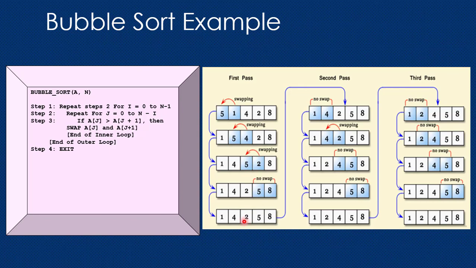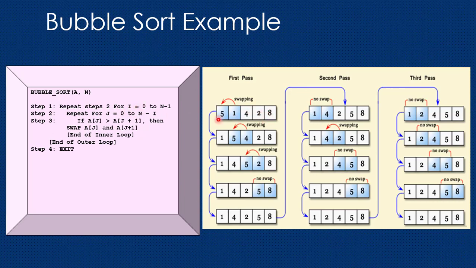This happens until the entire inner loop from 0 to n minus 1 is traversed. Once it is done, it comes back to the outer loop. The outer loop started from I equals 0, now I becomes 1.